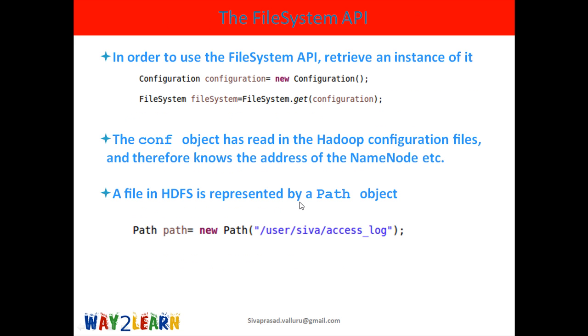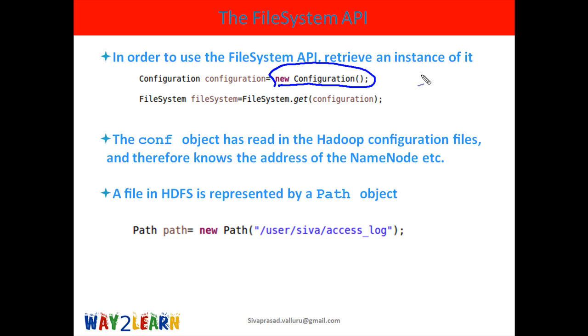First of all, if you want to work with any file system, whether it is HDFS, the local file system or the Amazon S3 file system, you need to get an object of FileSystem. How to get the FileSystem object? Just see this code. First you need to create an object of Configuration. Whenever you create a Configuration object, it will load all the default values from the configurations.